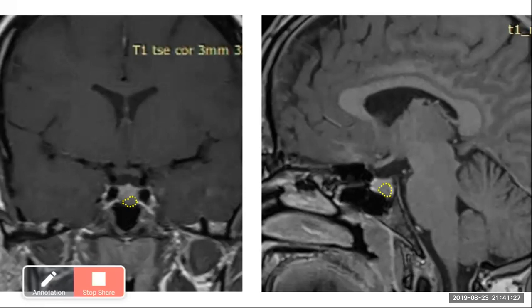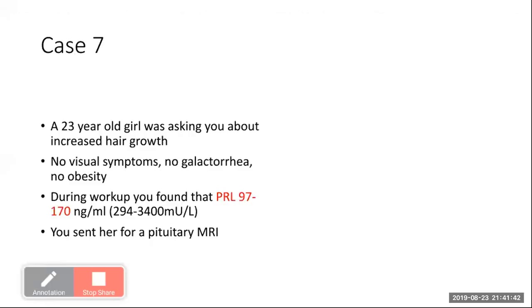So it is important in Cushing, especially when we suspect microprolactinomas, to ask the radiologist to make dynamic imaging.